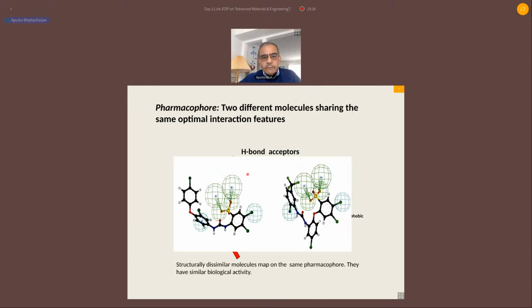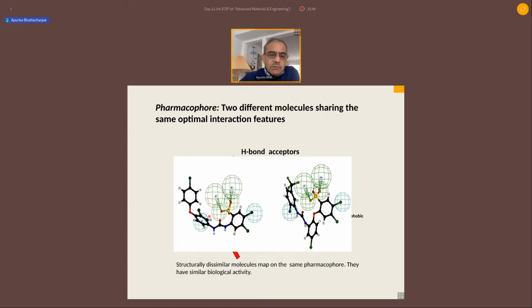The next, the essential idea is that if a pharmacophore model is shared by two dissimilar molecules, and the activity of one of them is known, the activity of the other one can be predicted very quickly. For example, here we see that these two dissimilar molecules share the same pharmacophore.